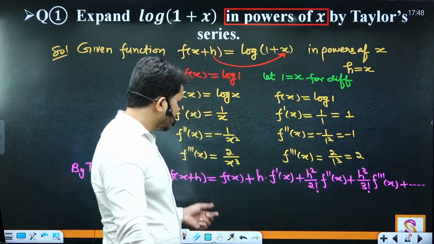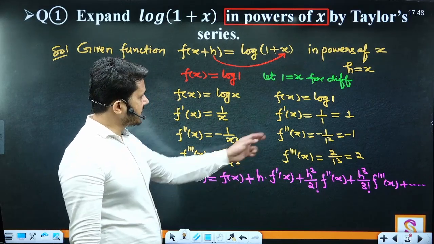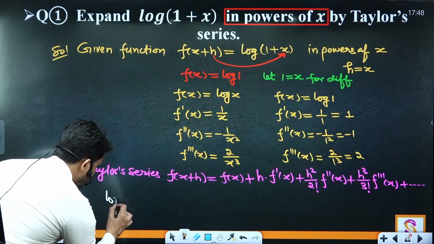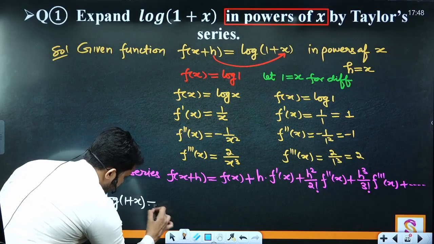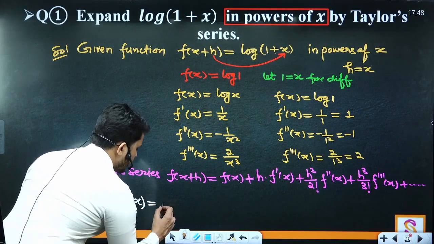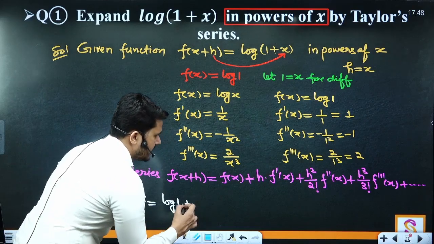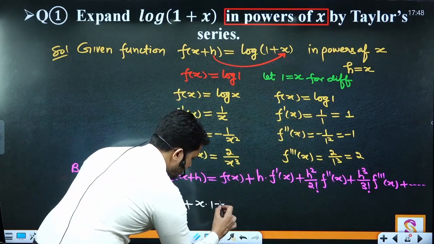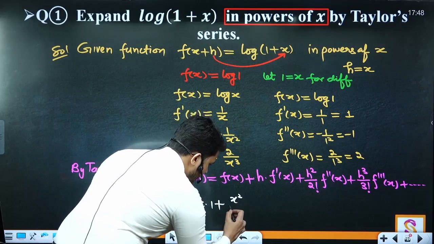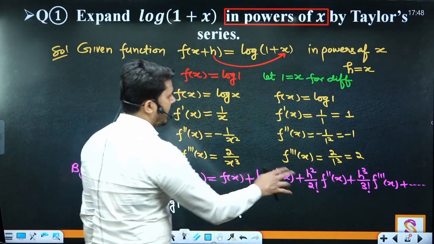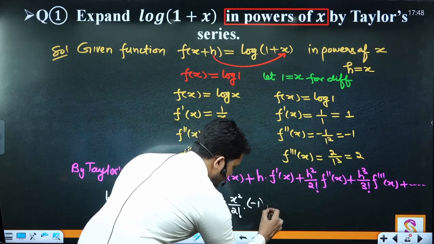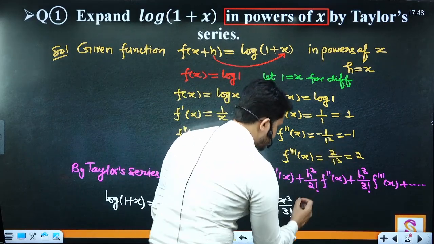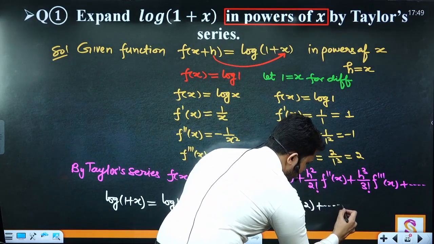So after that put the value of f(x) and h is x, the function will be log 1 plus x is equal to f(x), f(x) is log 1, plus h is x, and f dash is 1, plus h square upon 2 factorial means x square upon 2 factorial into f double dash minus 1, x cube upon 3 factorial into f triple dash, this is 2 and so on.